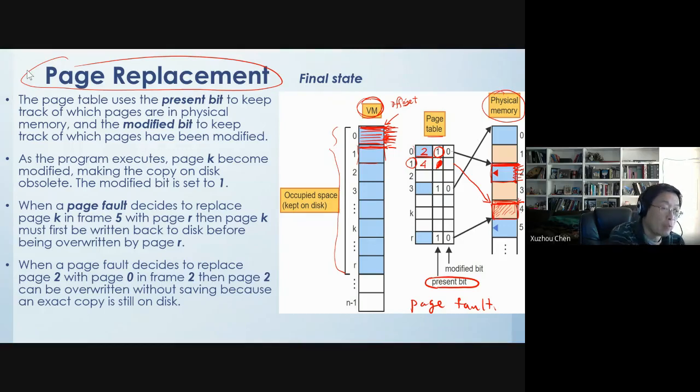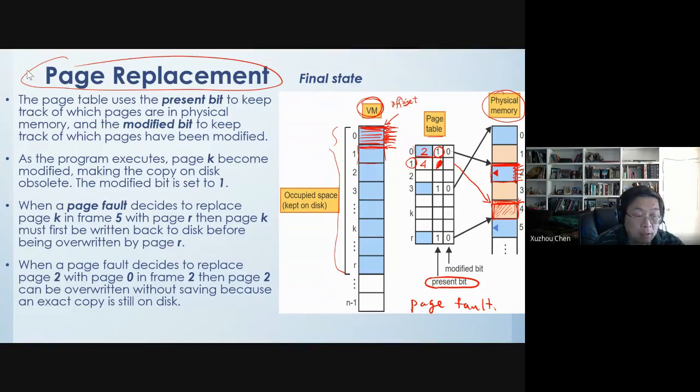And then we load page 10 into frame number 11, update the page table, mark page 10 as mapped to frame number 11, and change the present bit to 1.